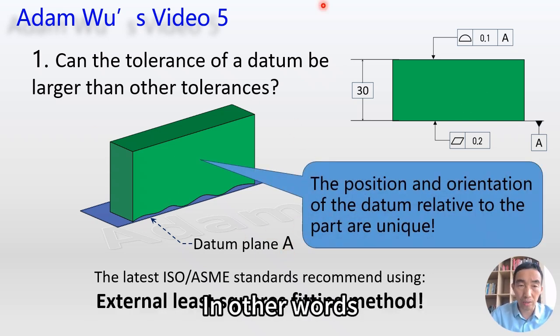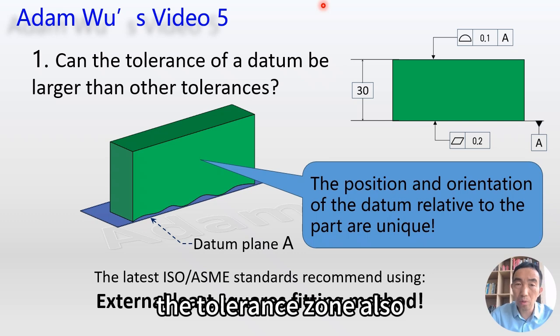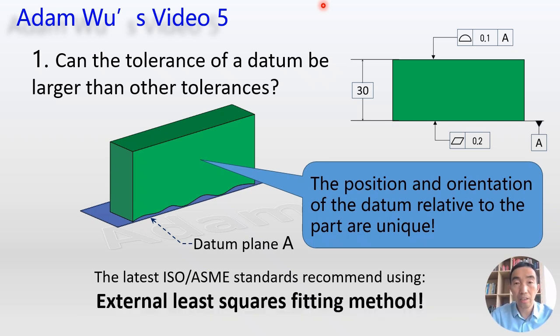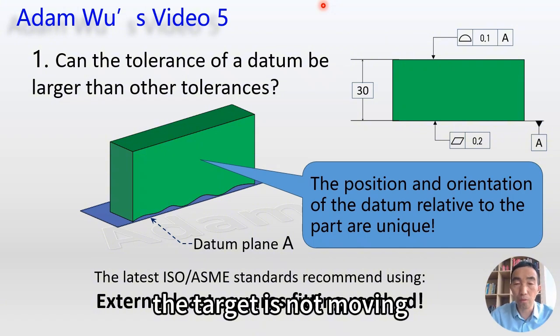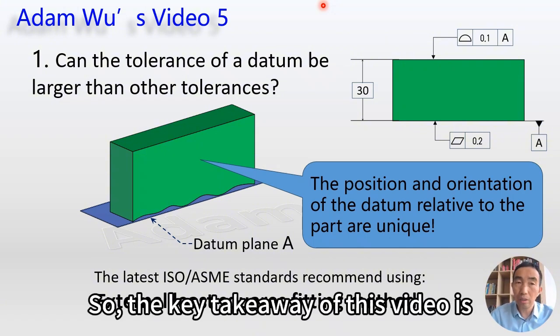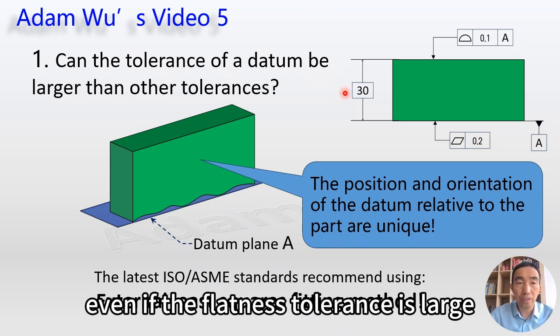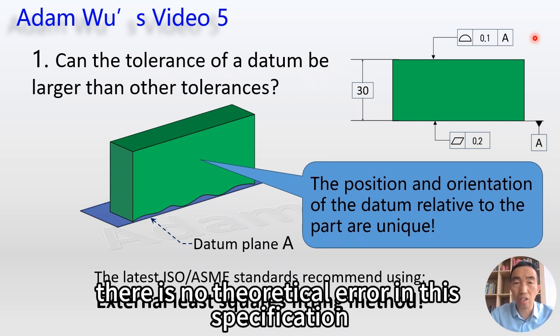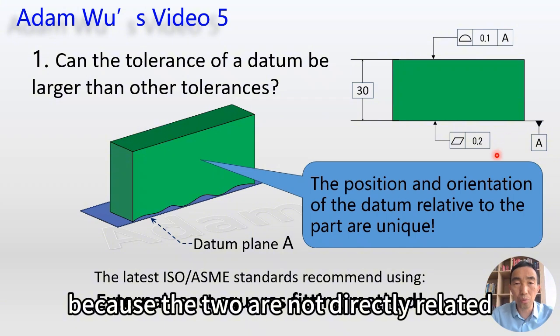In other words, the tolerance zone also has a unique position and orientation relative to the part. The target is not moving. So, the key takeaway of this video is, even if the flatness tolerance is large and the profile tolerance is small, there is no theoretical error in this specification because the two are not directly related.